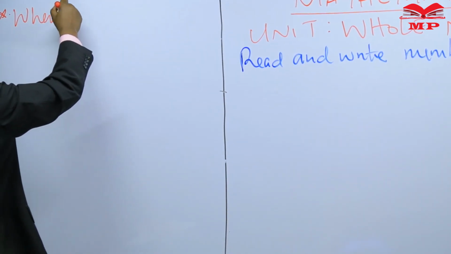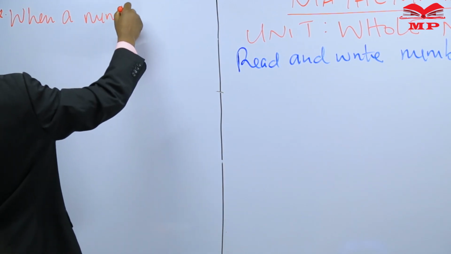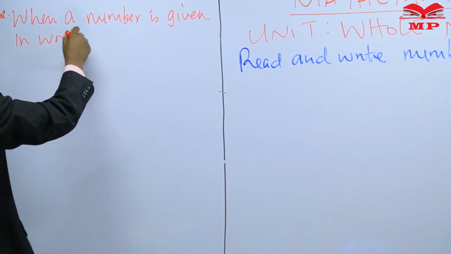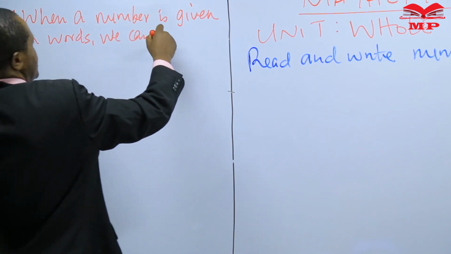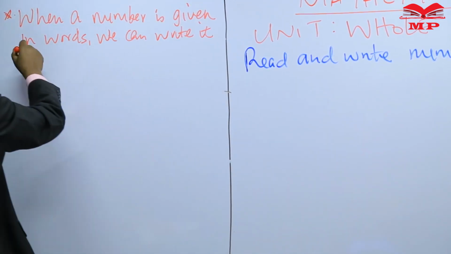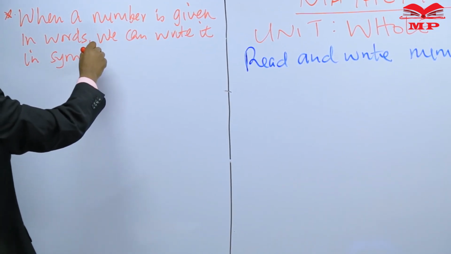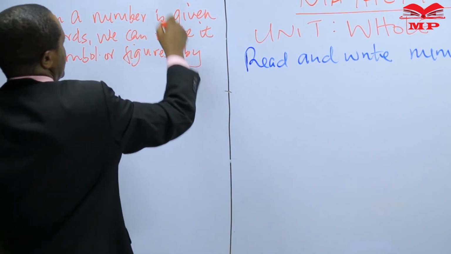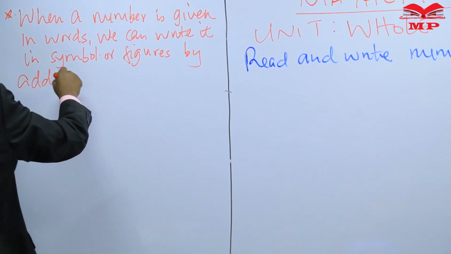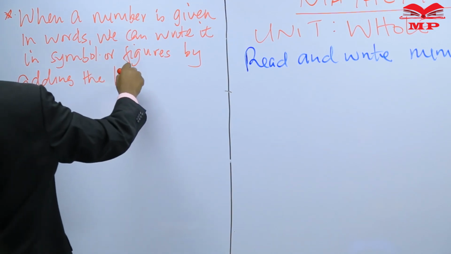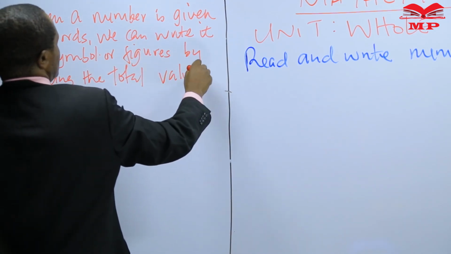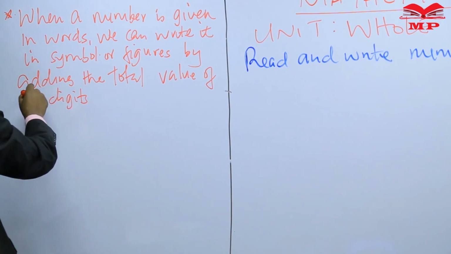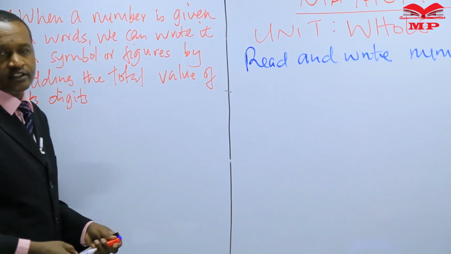When a number is given in words, we can write it in symbols or figures by adding the total value of its digits.